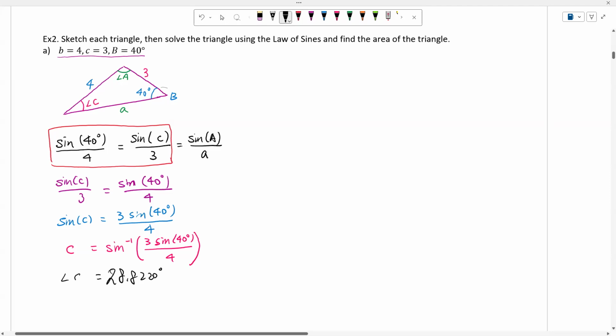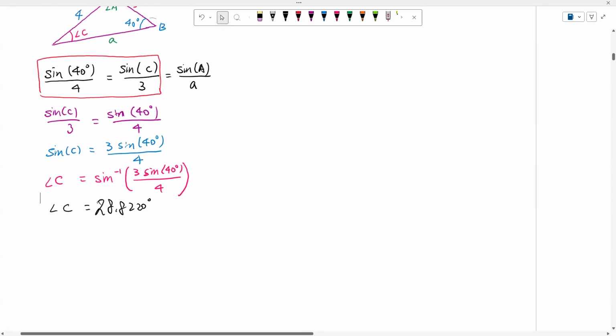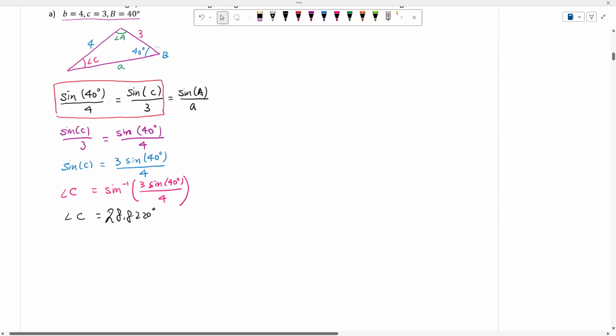Okay, so this will be my angle C here. And then once we have the angle C, we will be able to find the angle A, right?